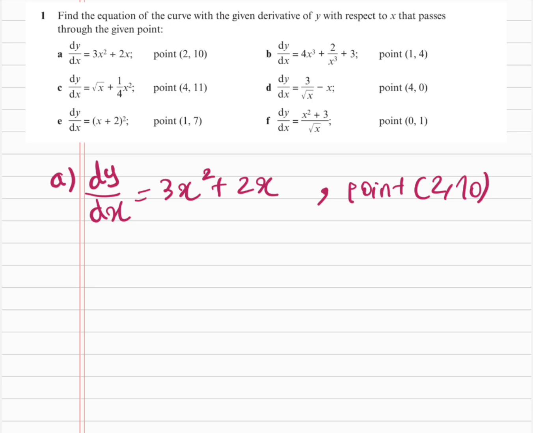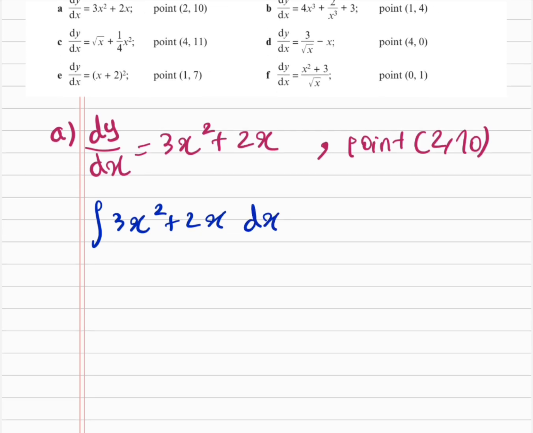So it's just a derivative of a function is equal to 3x squared plus 2x. So we first integrate this derivative to find an expression for the function. So we want to integrate 3x squared plus 2x dx. So the integral is equal to x cubed plus x squared plus c, right?